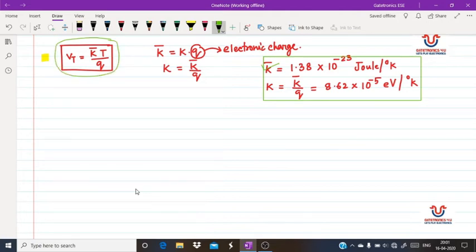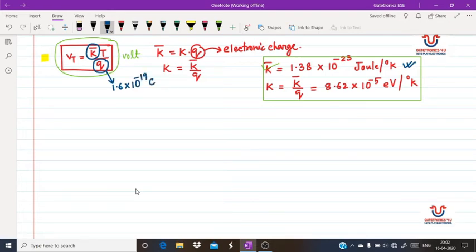Now let us look at the thermal voltage equation. So we can see that the Vt will have the unit of volt. If I substitute the value of K bar and Q, K bar is given by this equation, and Q value is nothing but 1.6 into 10 to the power minus 19 coulomb.